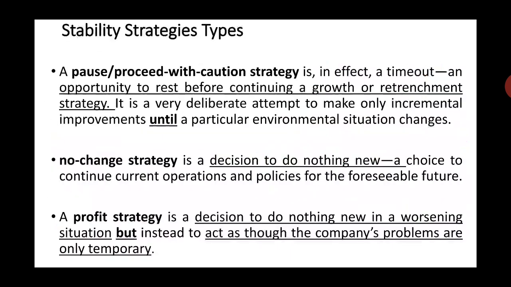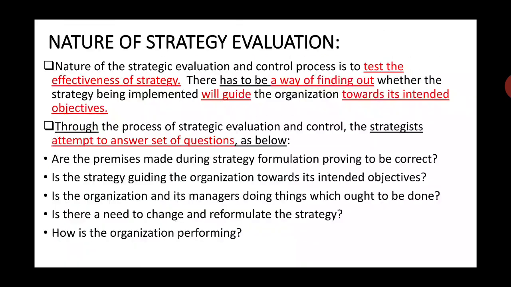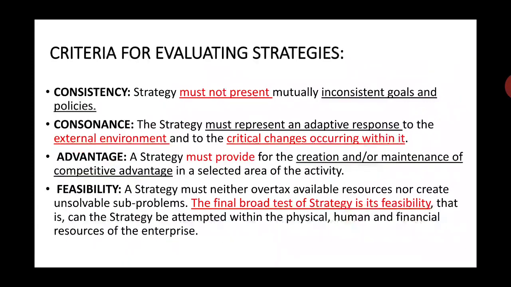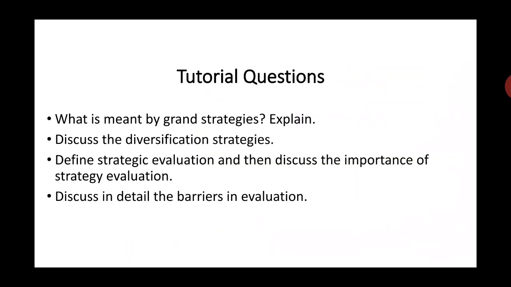Let us go back to our question. The last slide, the second question here is what? Discuss the diversification strategy. If you remember what we said about diversification strategy, talk about it in detail. What is diversification strategy? I don't want to go back, but I can remind you of it.